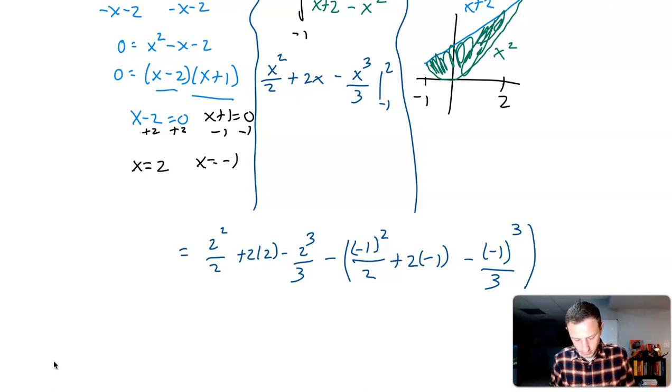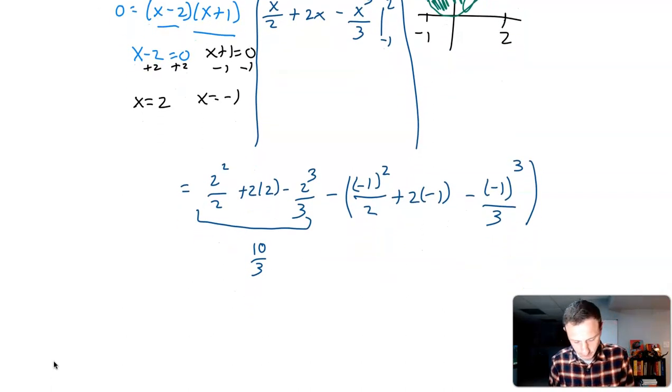I'm just going to do this in chunks. So for this first chunk right here, this is going to be 10 over 3 minus, and you really just have to know your calculator. This may seem silly that we're sitting here talking about entering this in, but if you're not careful with entering in -1 squared and you want to subtract it all off, that's why I just do chunks like this.